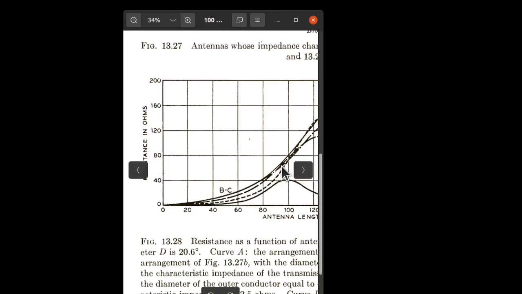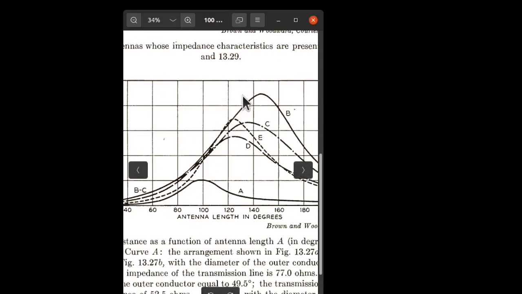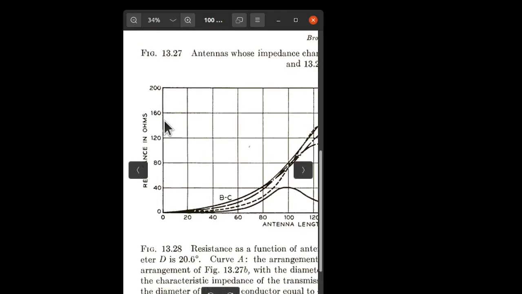Maybe double that. So you might want to consider that as we get to a higher antenna, verging on to a half-wave antenna, which would be out over here. We're looking at a radiation resistance of, well, north of 160 ohms.